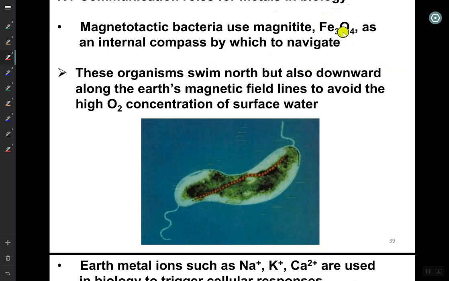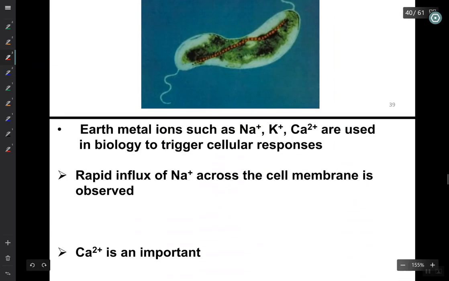Magnetite is insoluble. But because iron is paramagnetic, that means that it can actually sense the magnetic field of the Earth, and that actually helps it to navigate in the ocean. So pretty cool, it's got an internal compass.